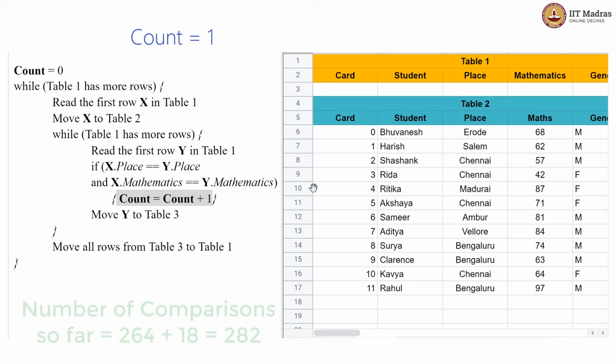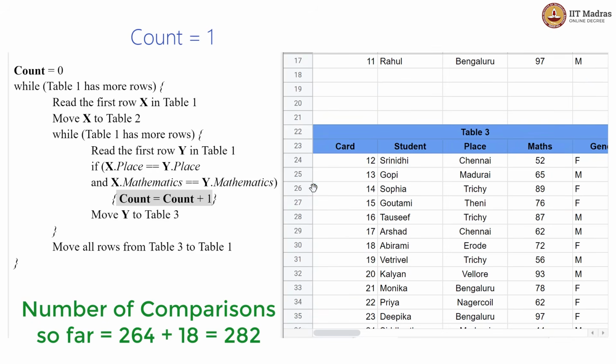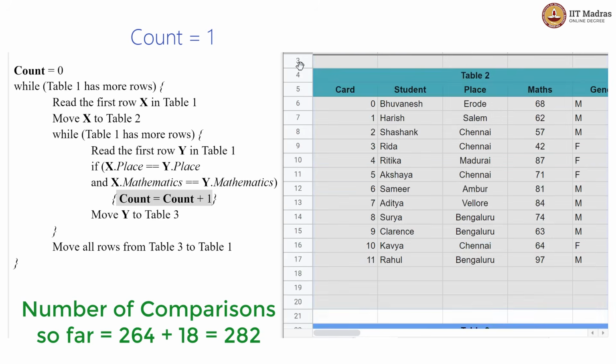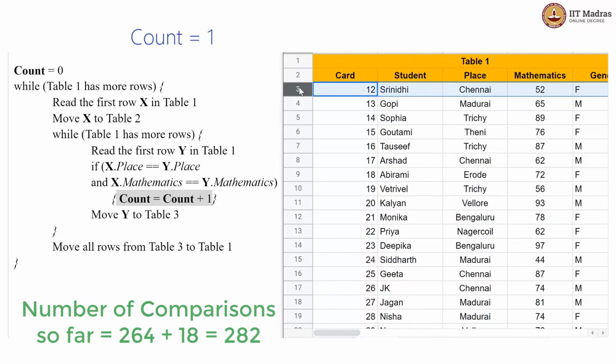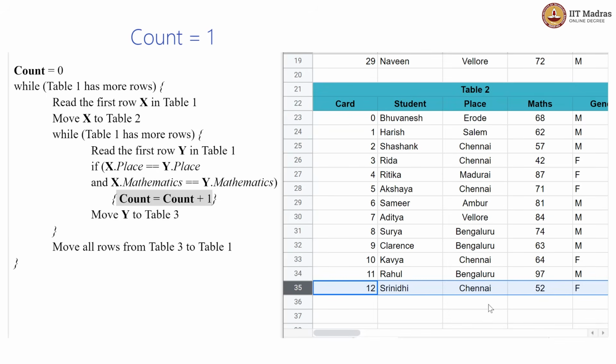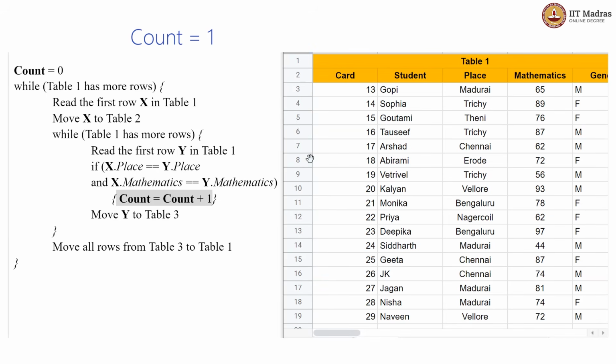Table 1 is now empty. So we carry these rows back to table 1. This is our row X now, which is being carried to table 2. This is Chennai 52.